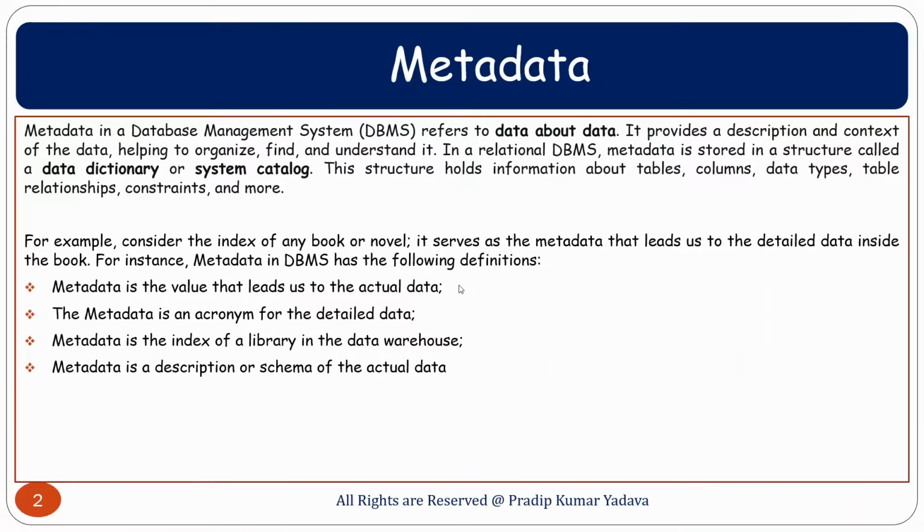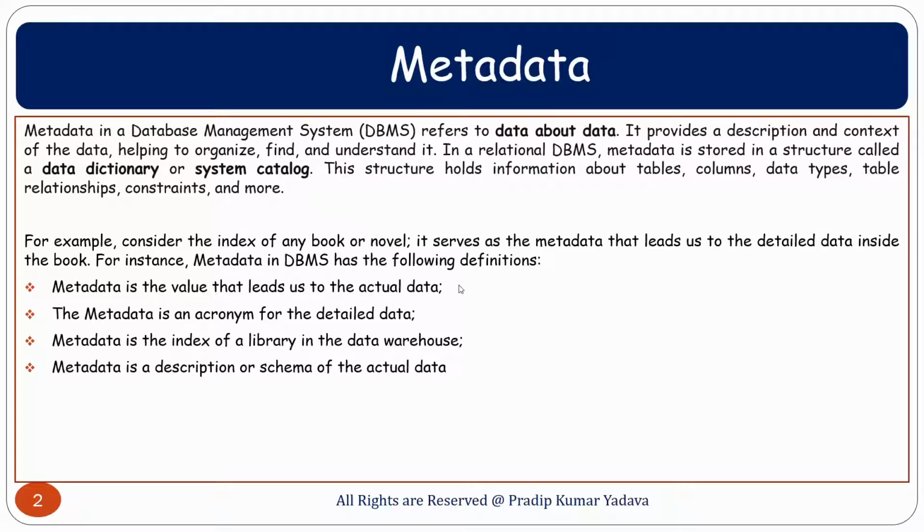Okay, so metadata just refers to data about data, meaning here we are going to find out details about the data. Metadata in a database management system refers to data about data. It provides a description and construct of the data, helping to organize, find, and understand it.